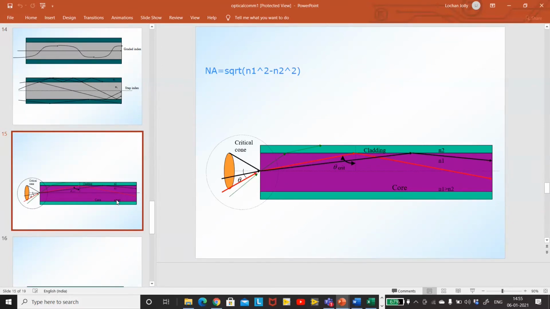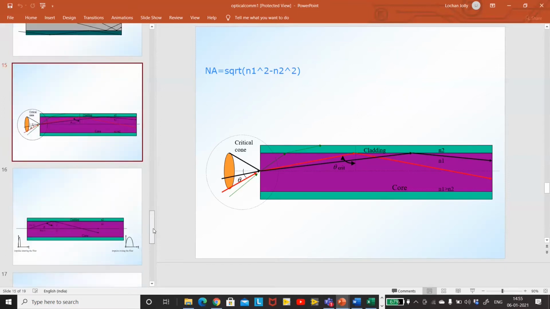What is numerical aperture? It is nothing but the acceptance cone of a fiber. Any light falling inside that acceptance cone will satisfy the condition of total internal reflection, and any ray coming beyond it will not experience total internal reflection and will simply get lost.